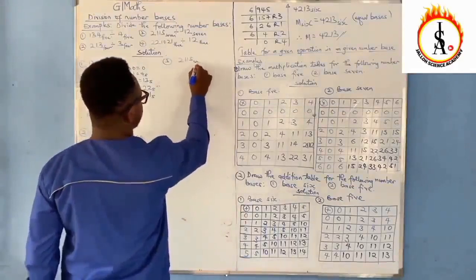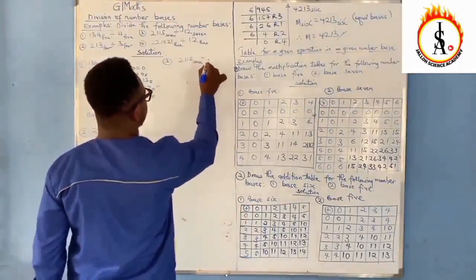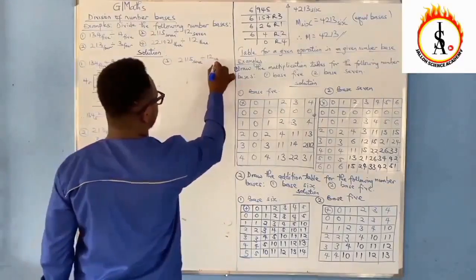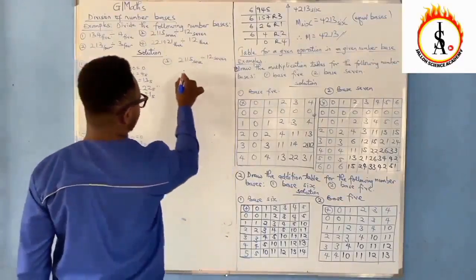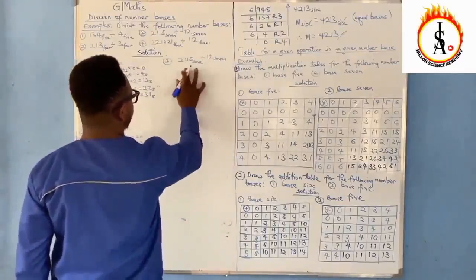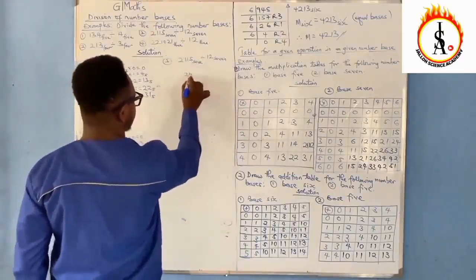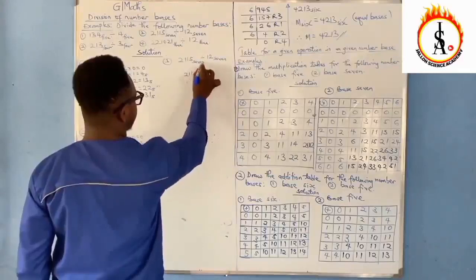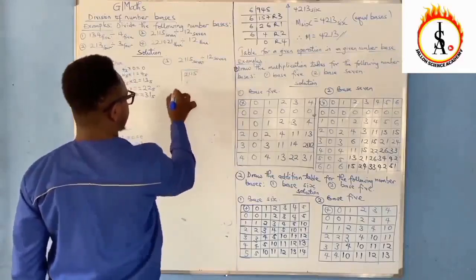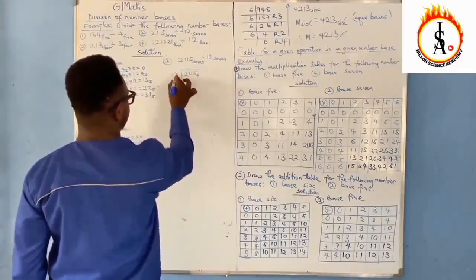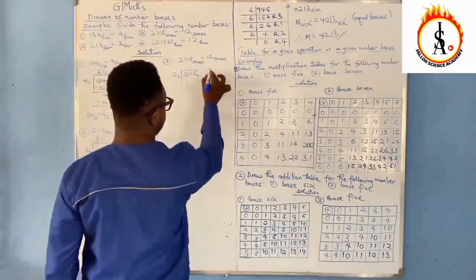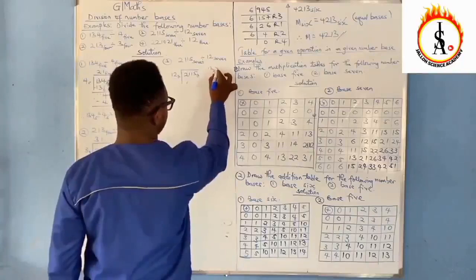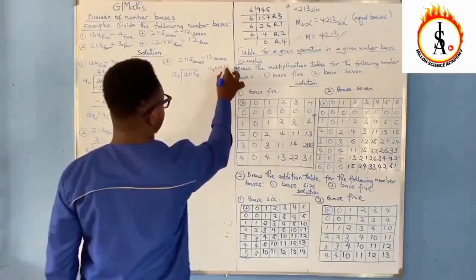So you get 2115 in base 7 divided by 12 in base 7. In base 7, 12 times 1 is the same as 12.